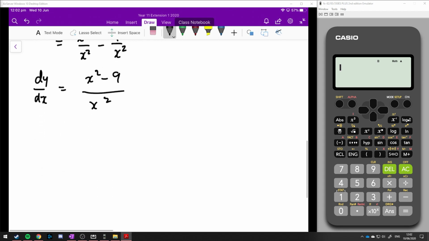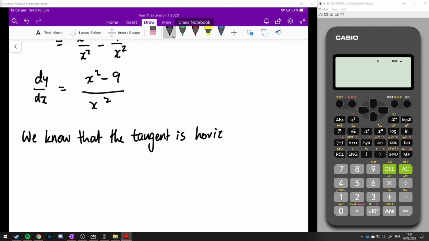Okay, so we know now that we need to work out where the horizontals are. So we know that the tangent is horizontal when dy/dx is equal to 0.